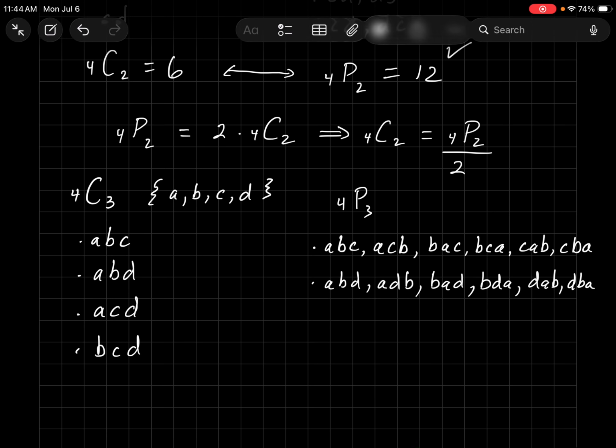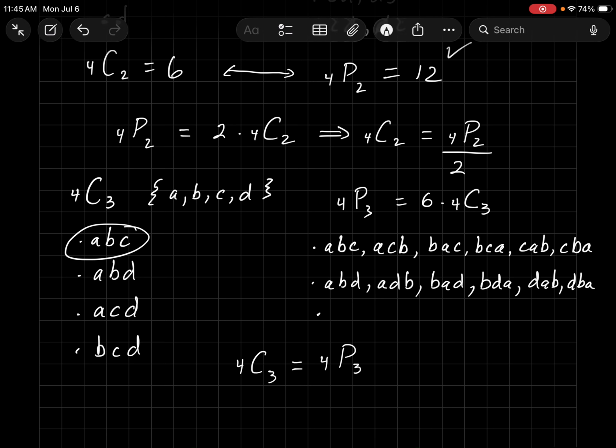And I don't think we need to write any more, because we notice, I hope, that there are 6 permutations for every combination when we choose 3 things. So we could say that 4 choose 3, that is 4 combination 3, is 4 permutation 3 divided by 6.